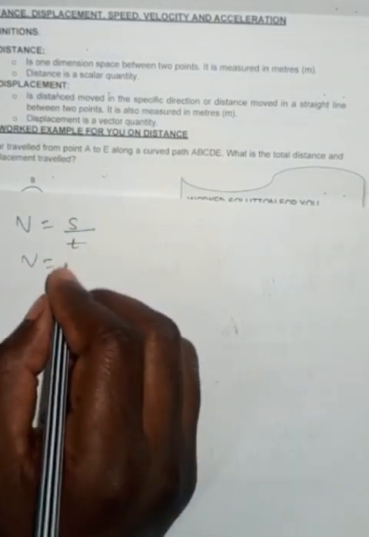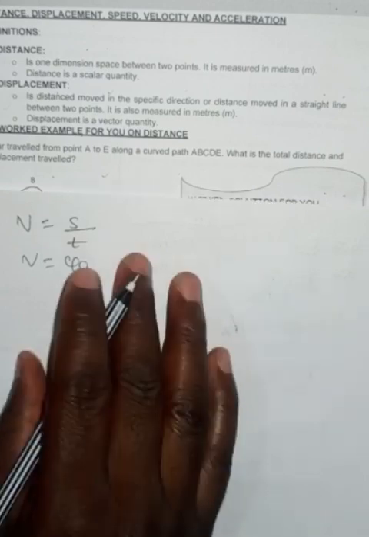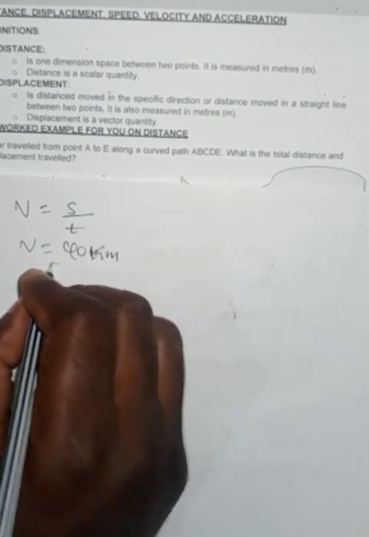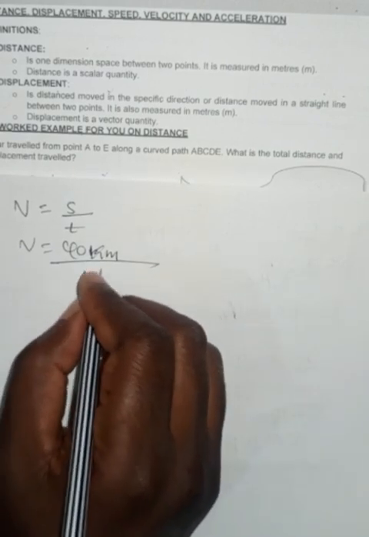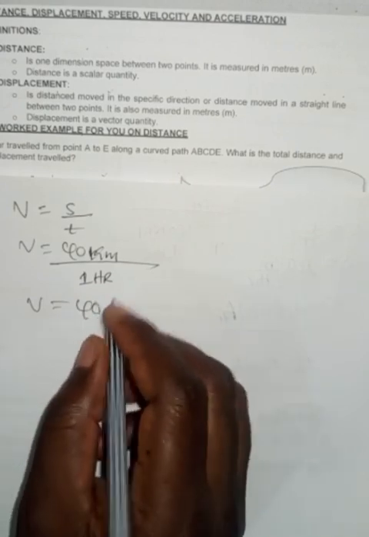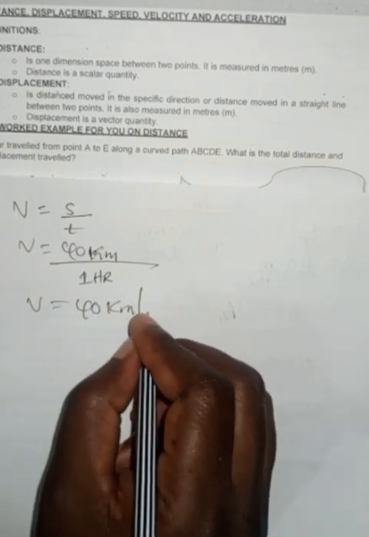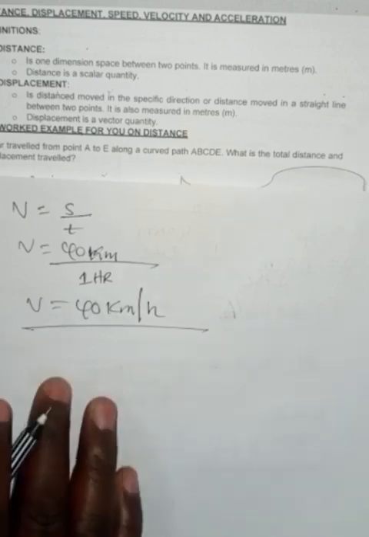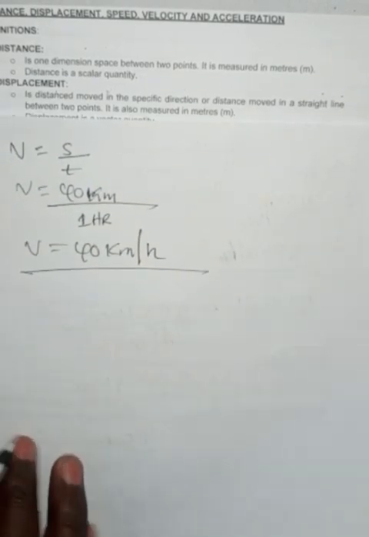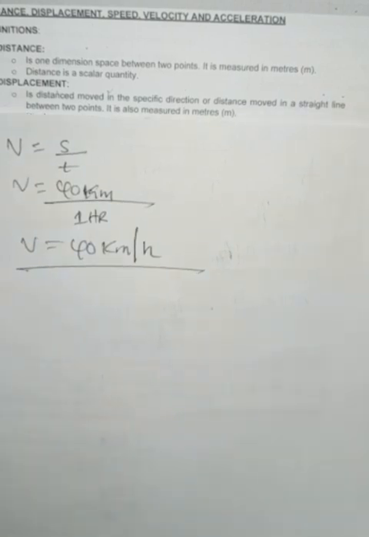So for velocity, the 40 kilometers remains, and time is still 1 hour. This is going to give us 40 kilometers per hour. Now velocity, just like speed, is measured in meters per second, so we need to convert this to meters per second.